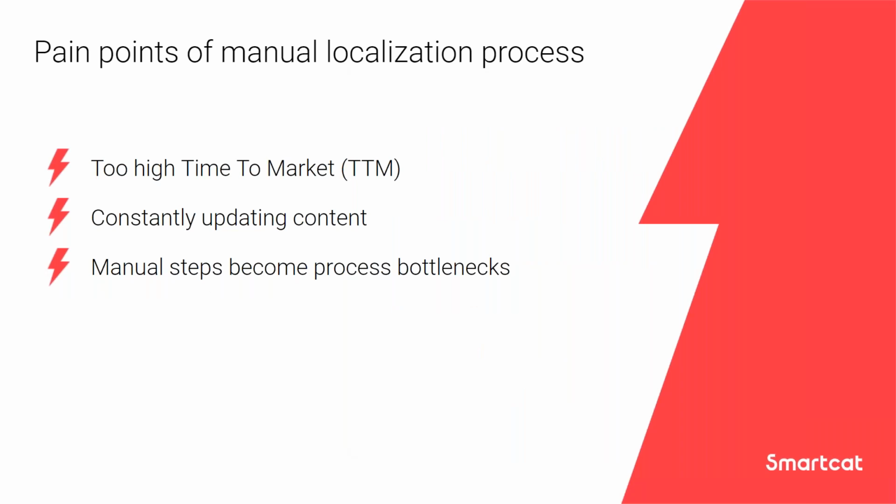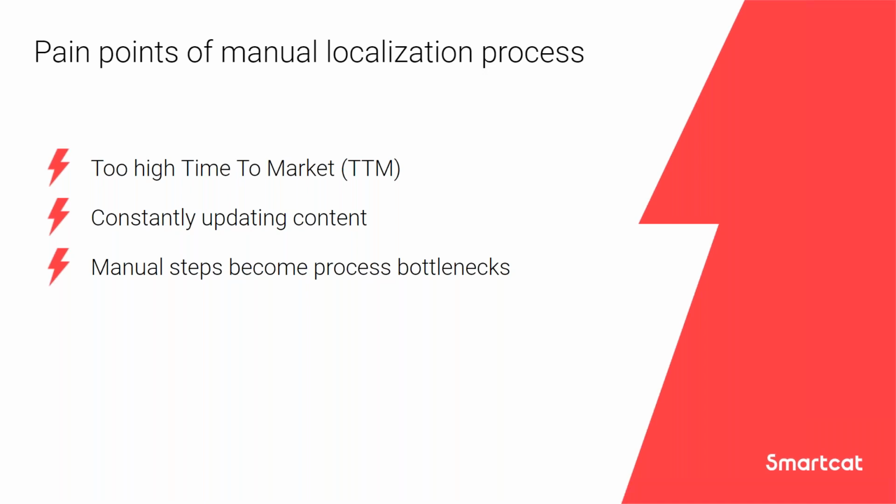So the pain points we are all facing actually, and I kind of walked through those a little bit. Those are, first of all, too high time to market, and this becomes more and more critical. So sometimes the information needs to be published fast, and that's really critical.